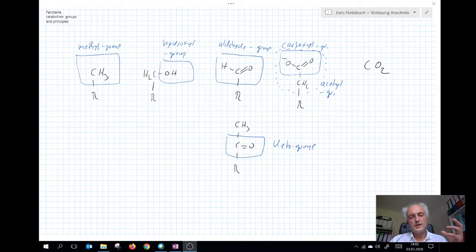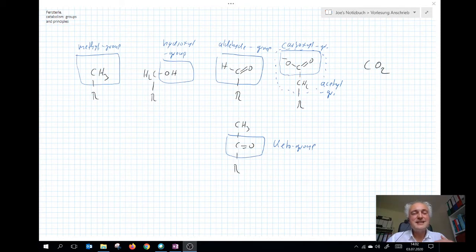So these group names are really essential to know. These appear thousands of times in catabolism of sugars. And these are the groups you expect to have at sugars. And of course, you should be able to name them, because if someone talks about something happening at an aldehyde group, of course, you should know how this aldehyde group looks like.